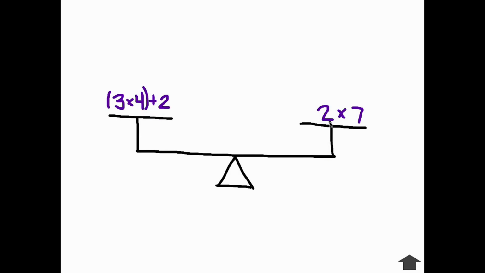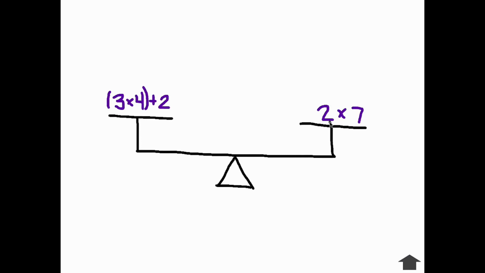Now, let's look at some numbers instead of shapes. If we have the quantity of 3 times 4 plus 2 on one side of our balance, and 2 times 7 on the other side, is our balance balanced?